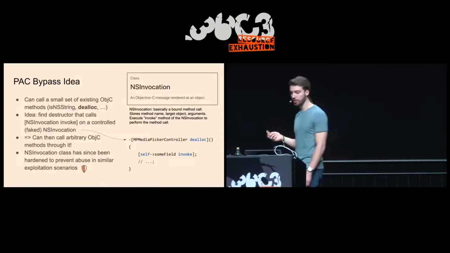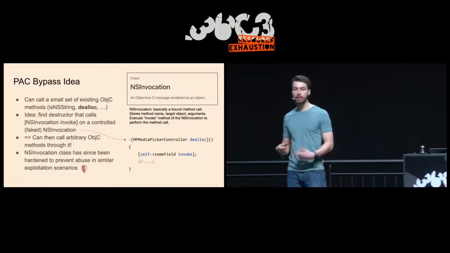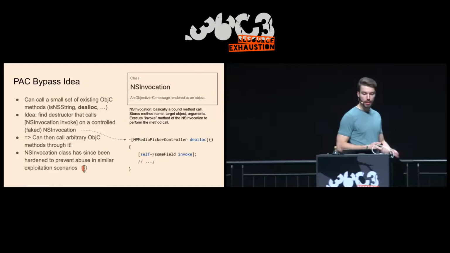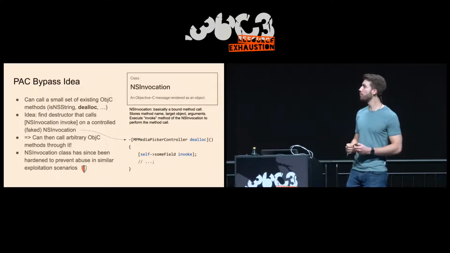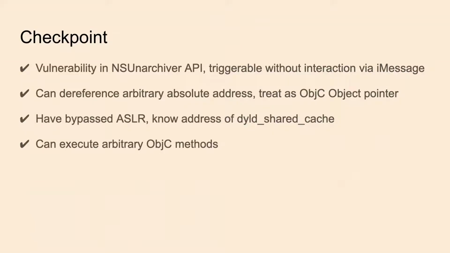Again, you see this shield here, which I put in place for things that Apple has hardened since we sent them the exploit. So they hardened NSInvocation, and it's now no longer easily possible to abuse it in this way. But yeah, so for us, we can now run arbitrary Objective-C methods with controlled arguments.